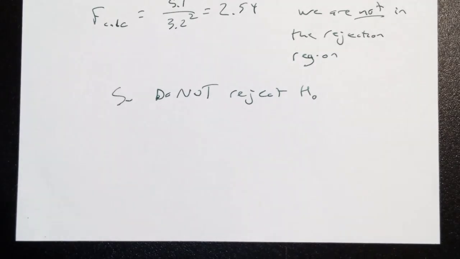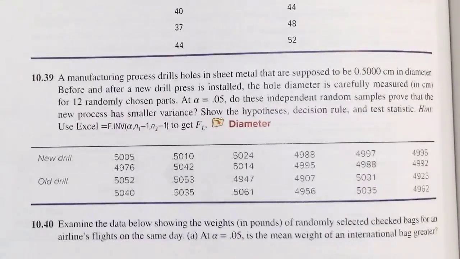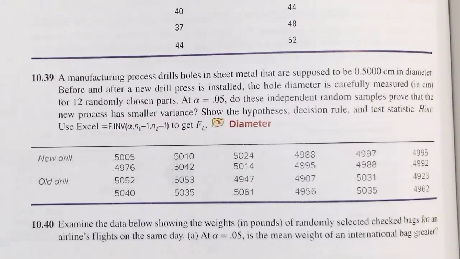Here. Problem number 39. A manufacturer making drill holes in sheet metal, they're supposed to be half centimeter in diameter. We have replaced a drill head. Does the new version have smaller variance than the old version?